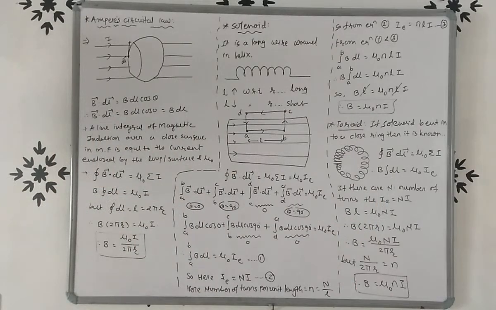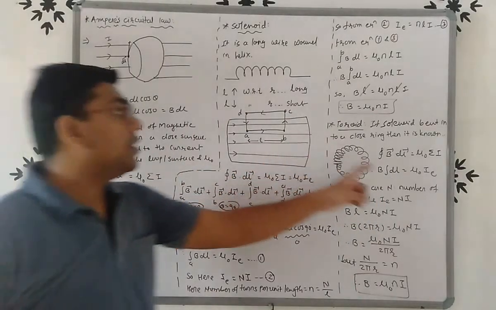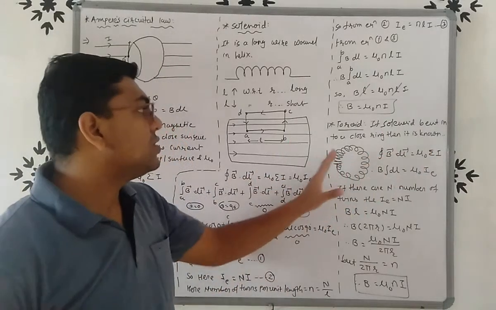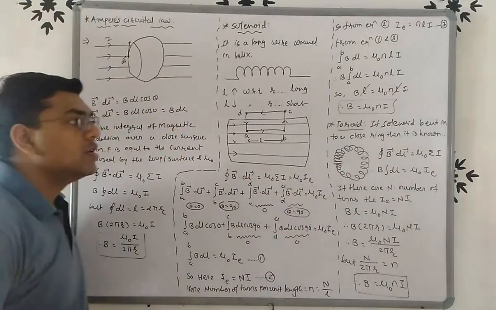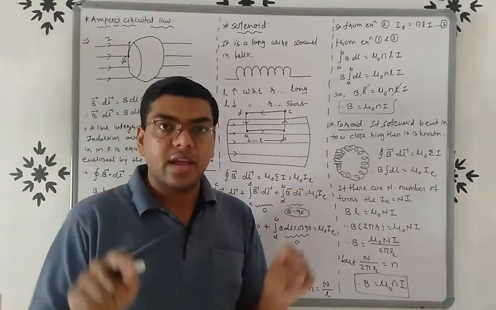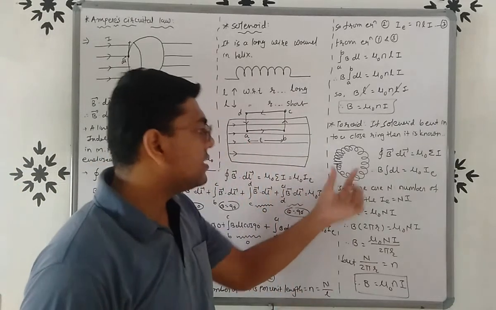Once again friends, what is toroid? If solenoid is bent in a closed ring, then it is known as a toroid. So to make a toroid, you have to bend the solenoid in the form of a closed ring. So this is toroid.